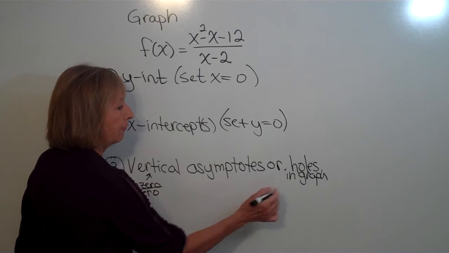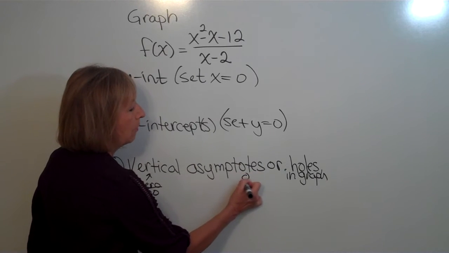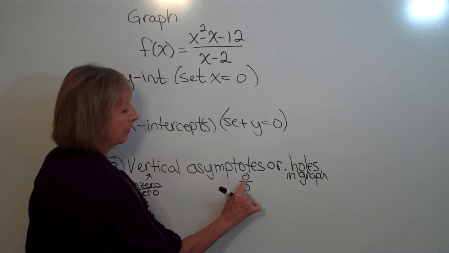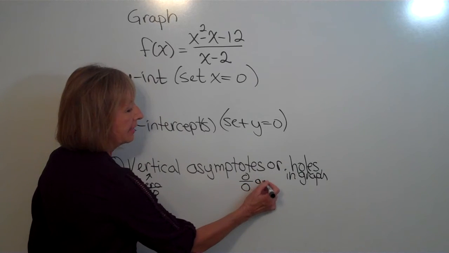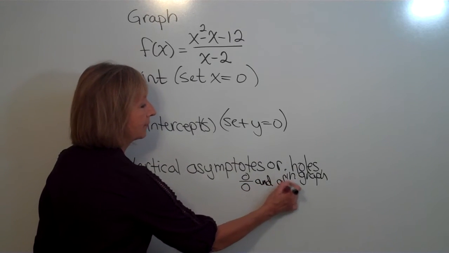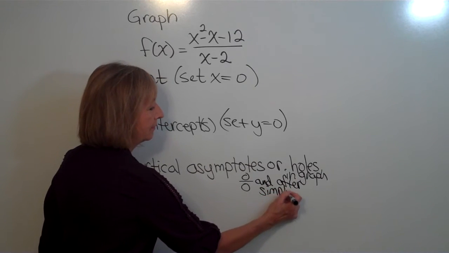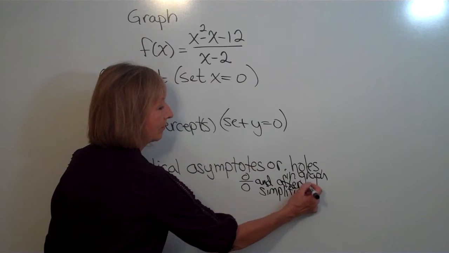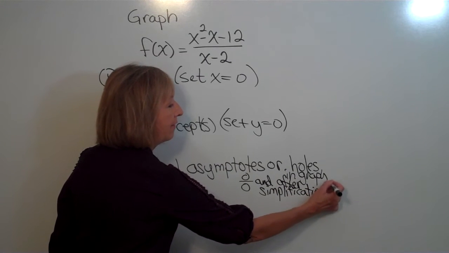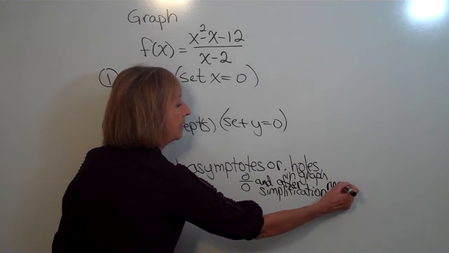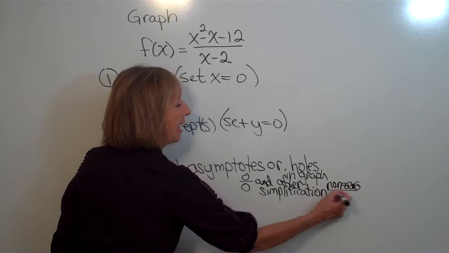So I have to be careful with 0 over 0, 0 in the denominator as well as the numerator, and after simplification, I have non-zero over non-zero.